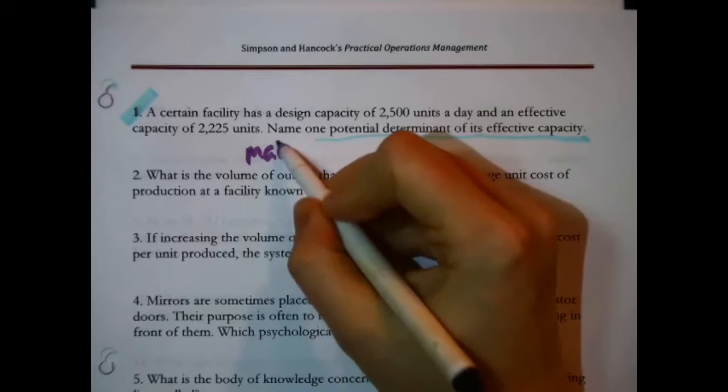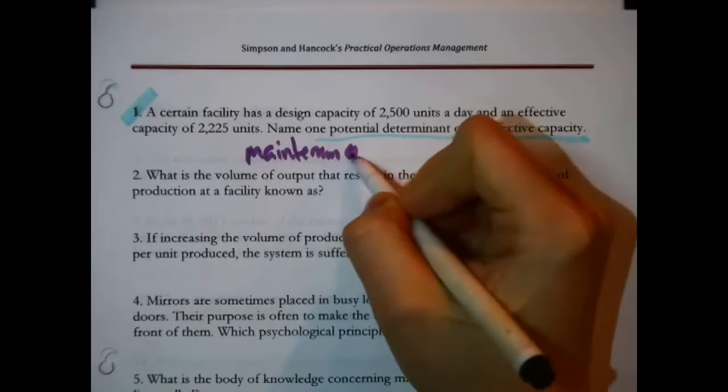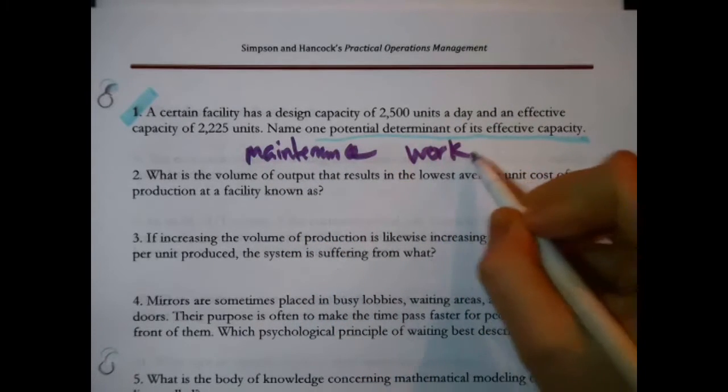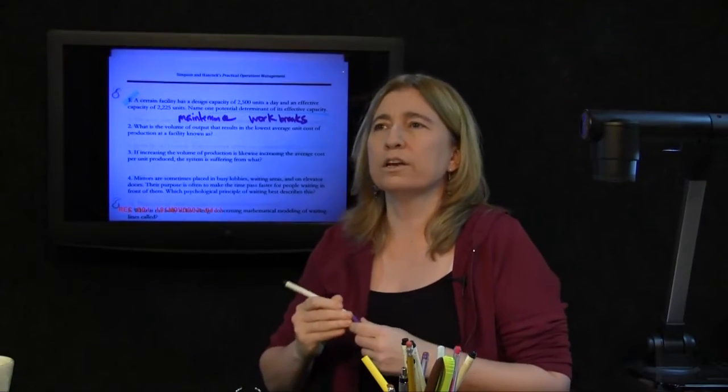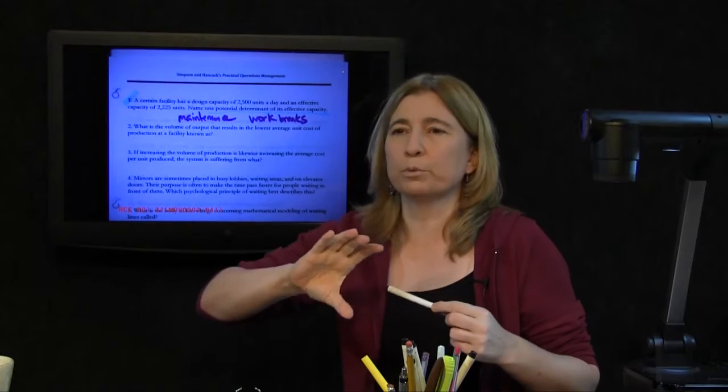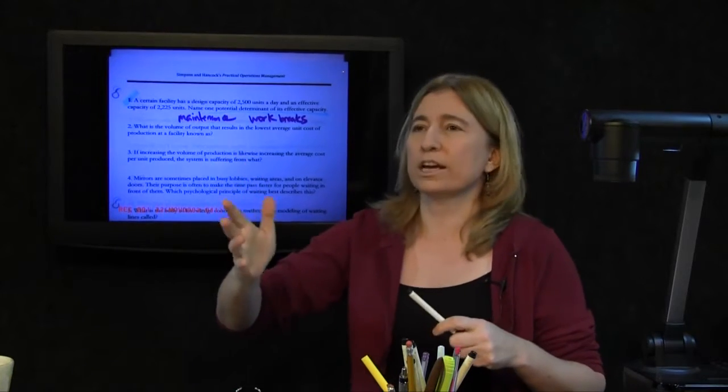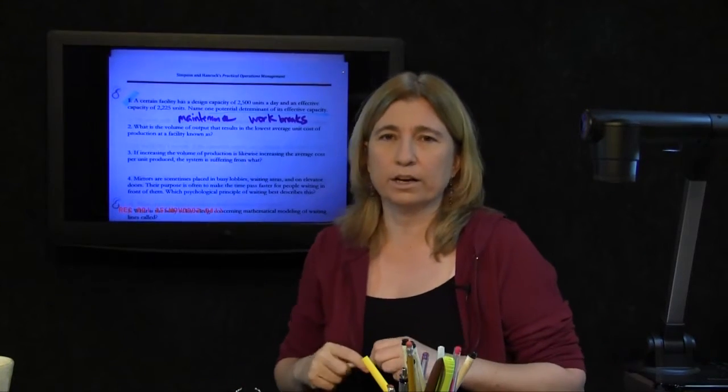Maintenance might be one of them. Routine work breaks. Any credible reason that there's a little gap between the theoretical maximum of the facility and what you can reasonably expect out of it every day.